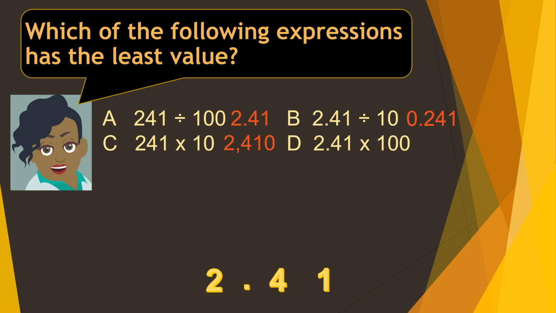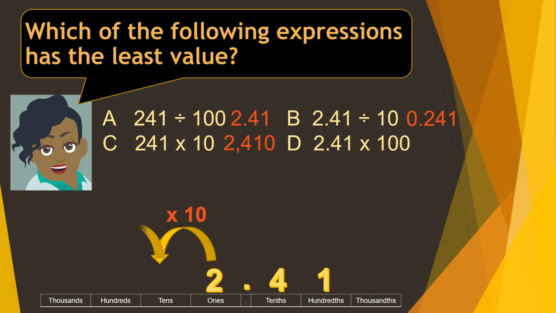Answer choice D. 2 and 41/100ths times 100. Means that all of the digits move 2 places to the left. So the value is 241.